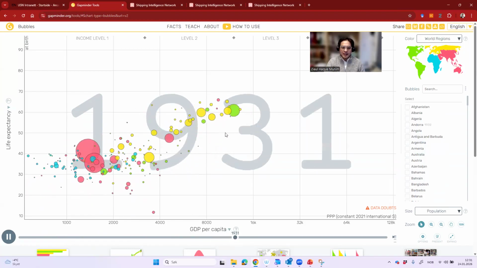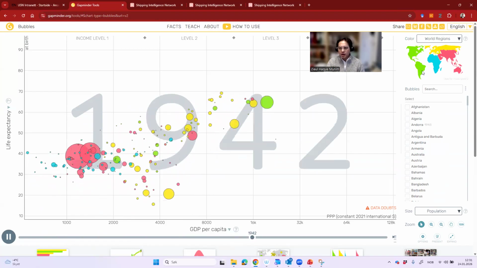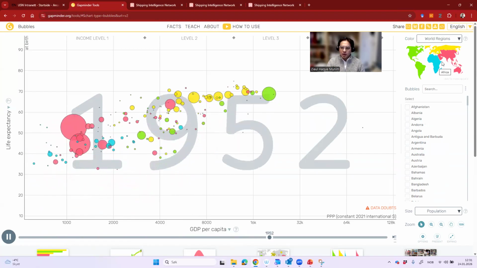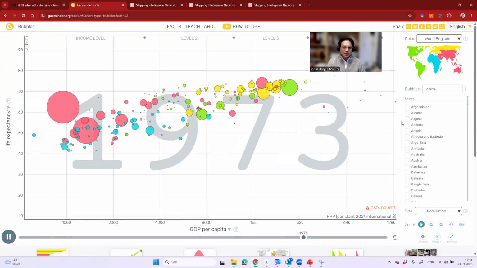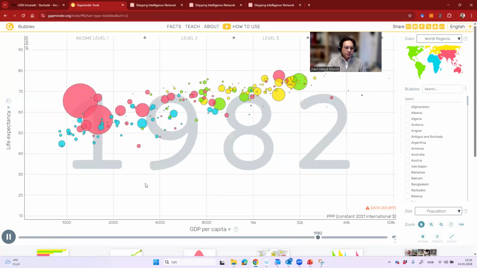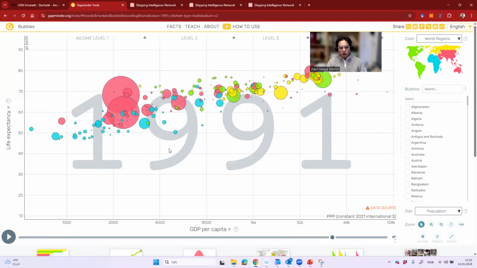The green indicates the American part, blue is the African part, red is the Asian part, and yellow is the European part, okay? Overall you see over time with increasing GDP per capita, life expectancy, the number of years people live, also went up, right?